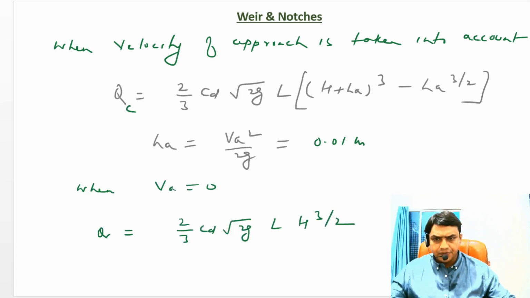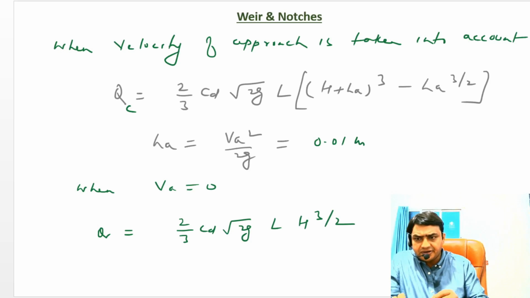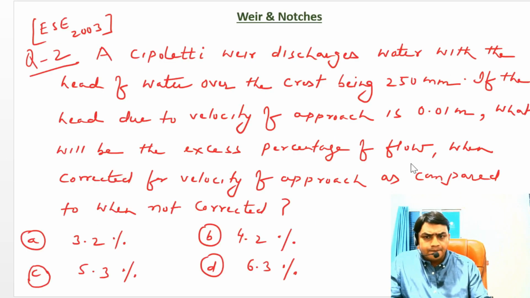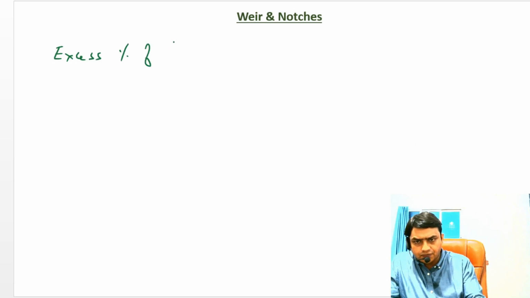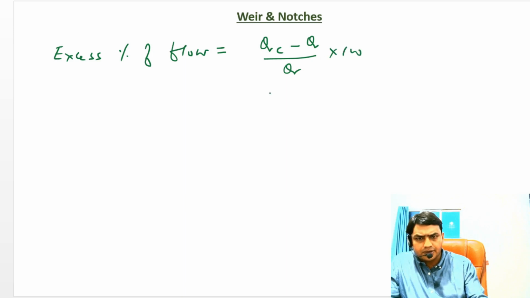So it can be computed as percent error in discharge, or what will be the excess percentage of flow. So excess percentage of flow is equal to corrected minus without corrected divided by Q into 100.